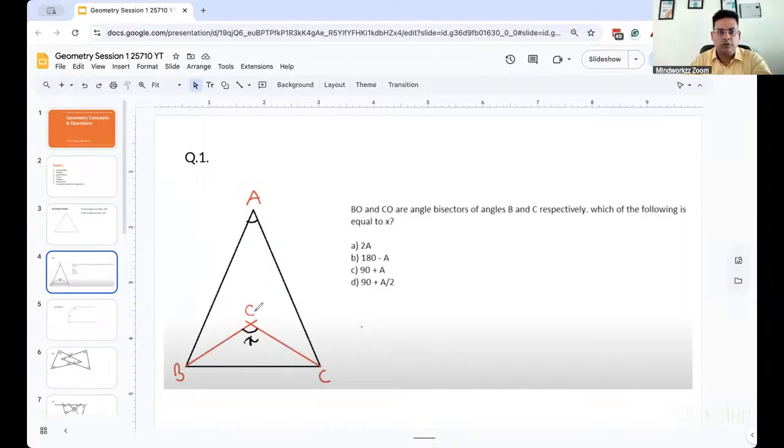This is point O. So BO and CO are angle bisectors of B and C respectively. You have to find the value of X. So use both the triangles. Right, they will be able to get to the answer.